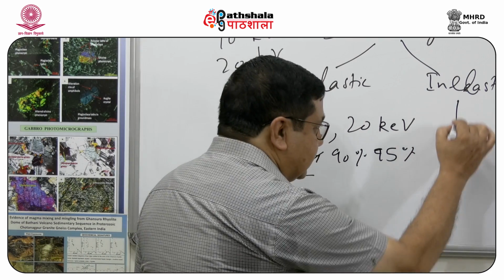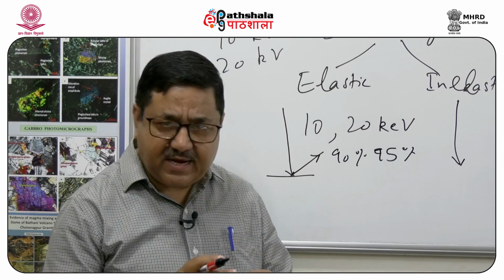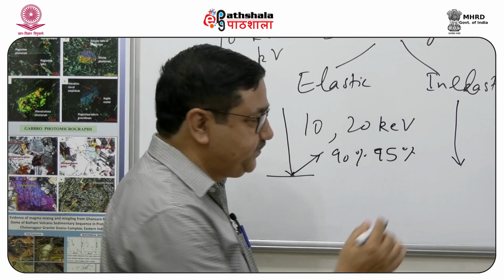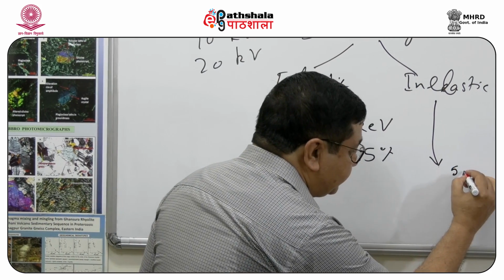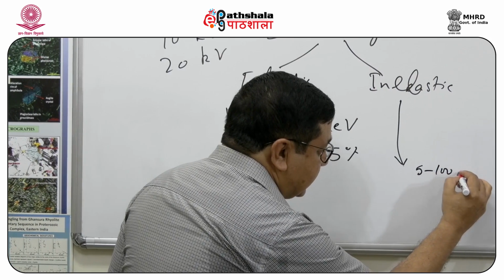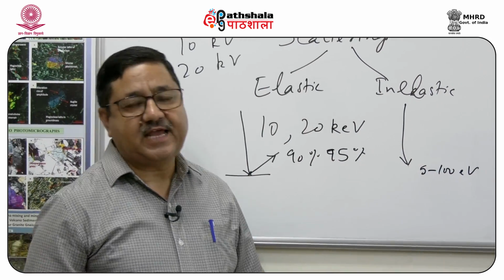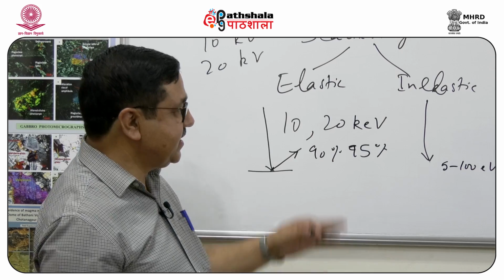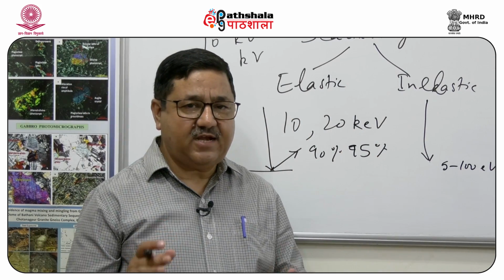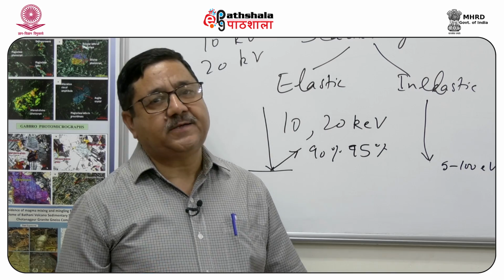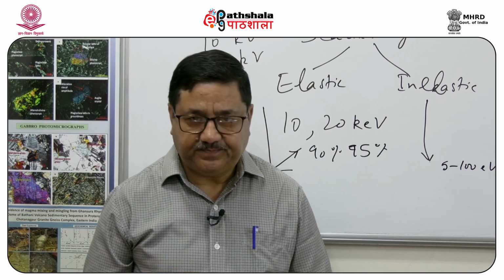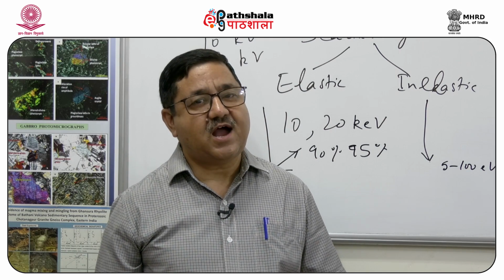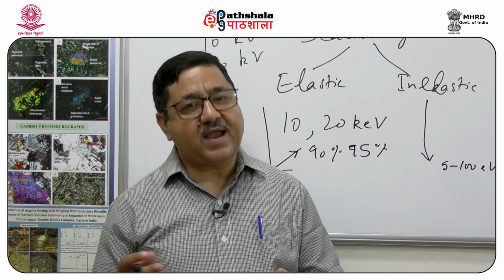In the other case, when this incident electron beam may not change its direction, but loses most of its energy and is in the order of now 5 to 100 electron volts, then that will be an example of an inelastic scattering. So, these are the two main kinds of change which occur in an incident electron beam, but it produces multiple effects which are of tremendous use in microscopy.